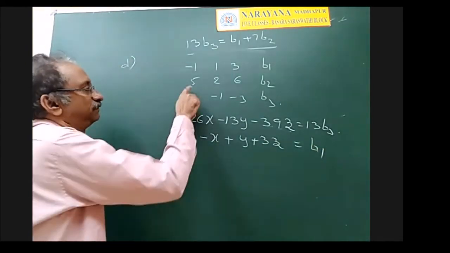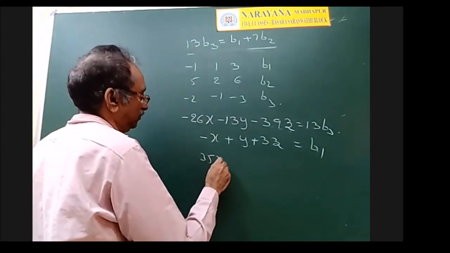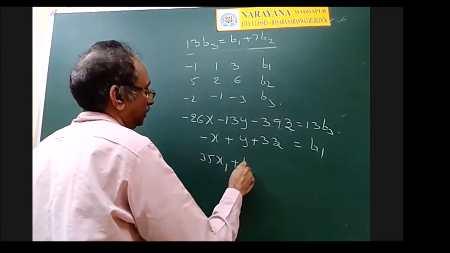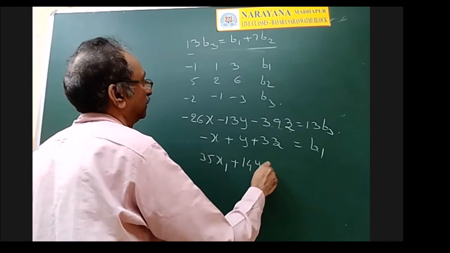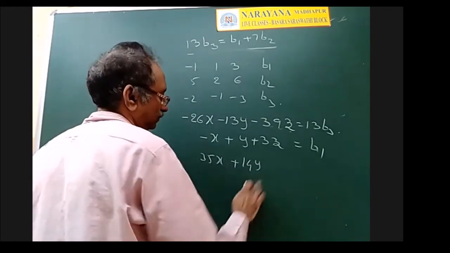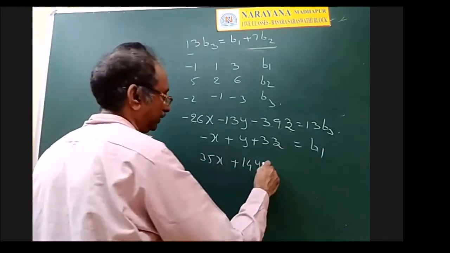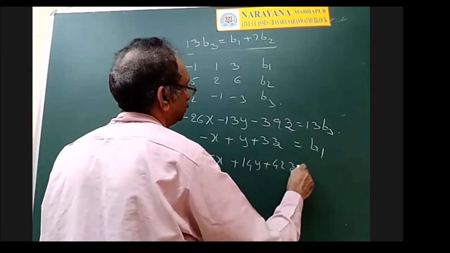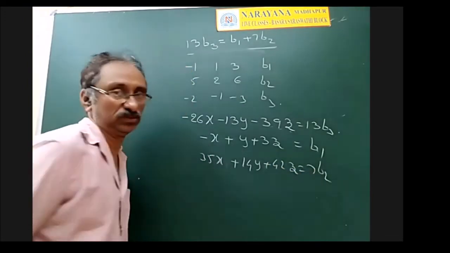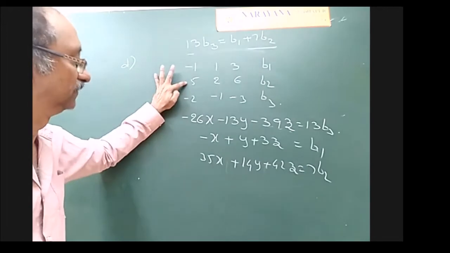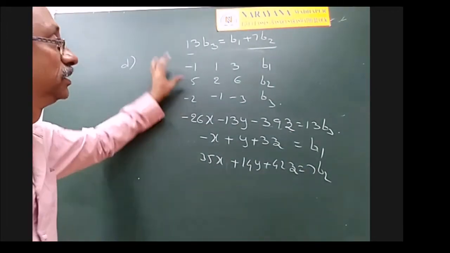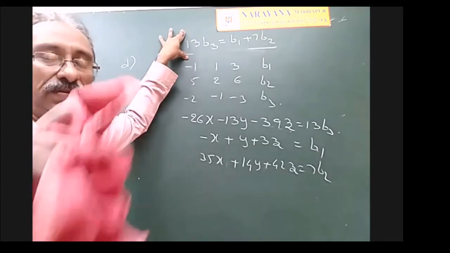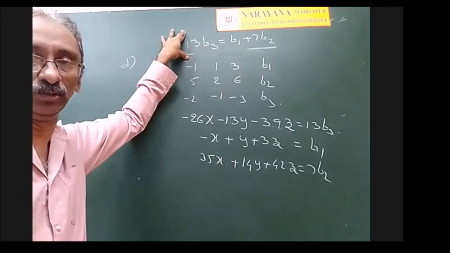What is 7B2? That is 35x plus 14y plus 42z is equal to 7B2. So once again check, 35x plus 14y plus 42z is equal to 7B2.